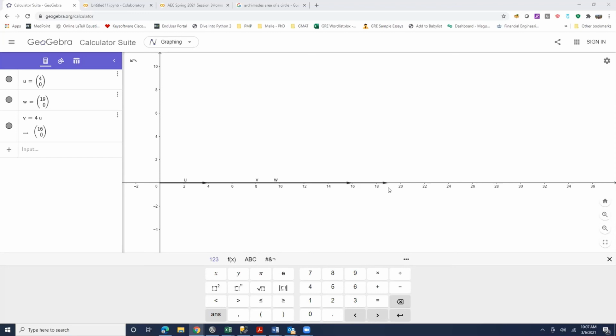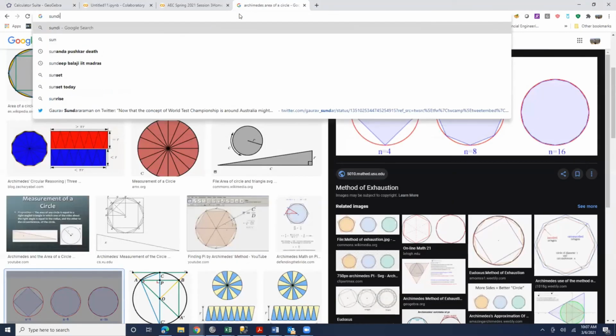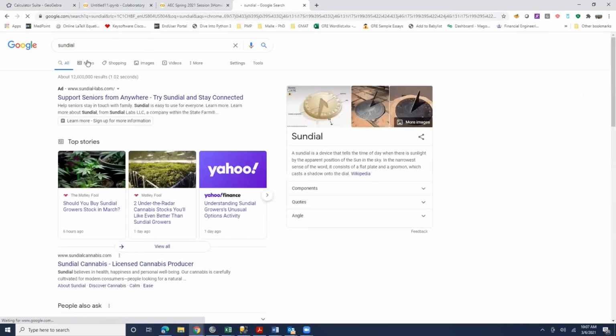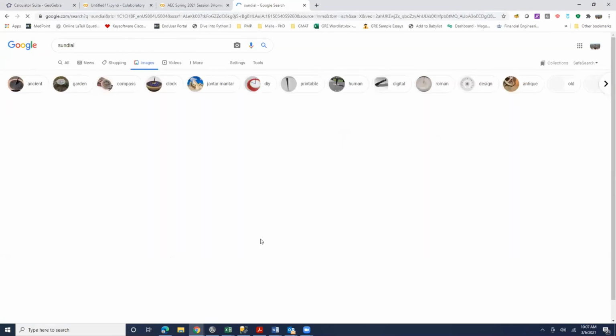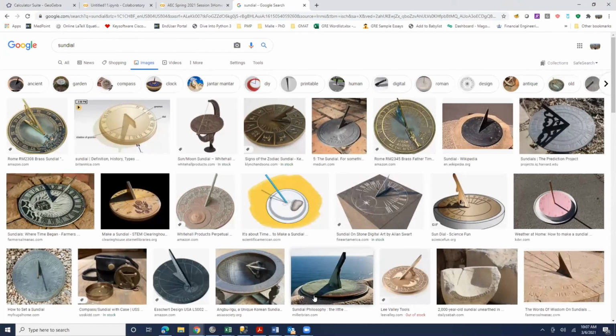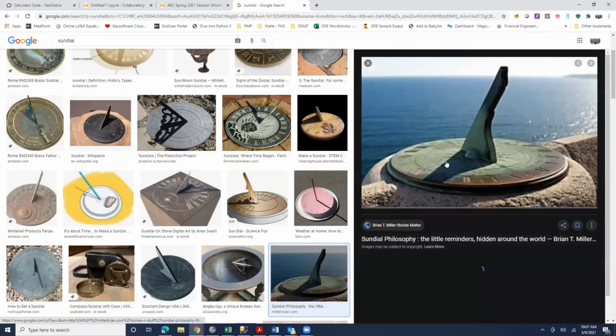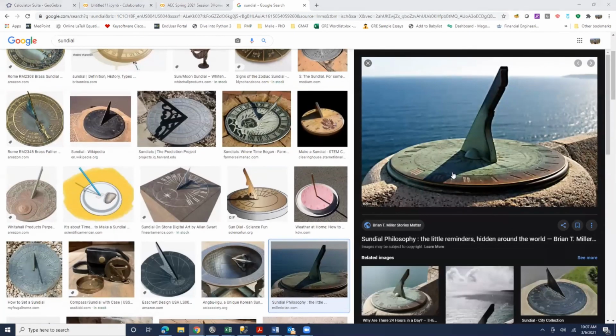Sundial, yeah, absolutely. So for a long time, people used sundials to find out what's the time of the day, right? You would use the shadow. So this is a good sundial. So you'd use the shadow, and that shadow tells you what time of the day it is.